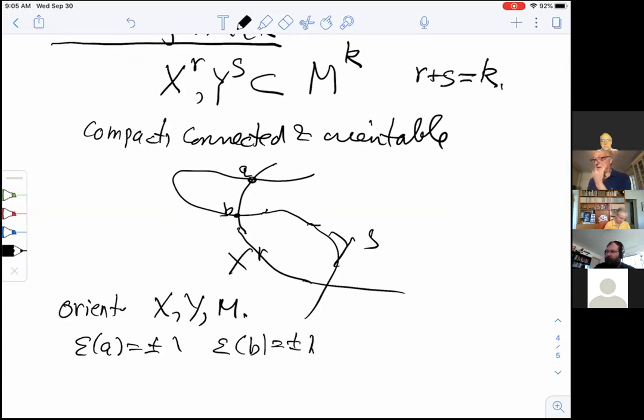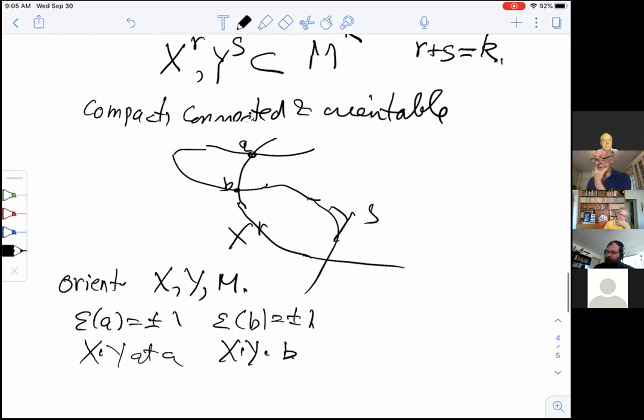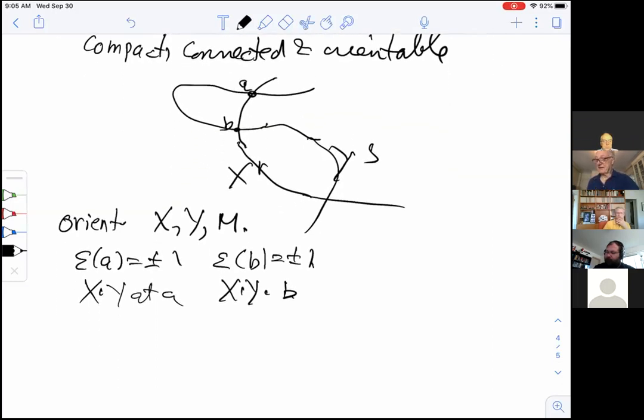That is the sign of intersection of X dot Y at A and X dot Y at B. In other words, take the orientation for X at A, add to it the orientation for Y, and compare that with the ambient orientation of M. And the fact that these are going to be canceling is a statement that epsilon A plus epsilon B is 0. They're opposite signs.